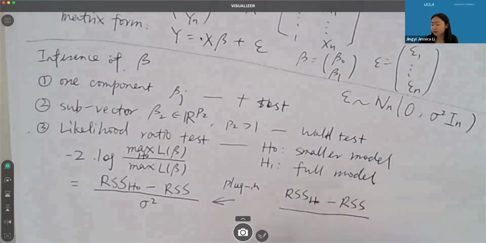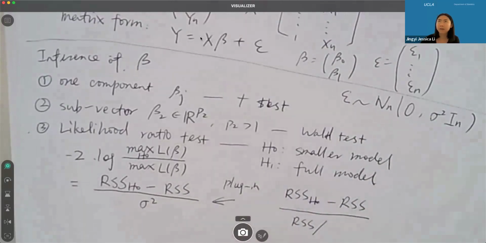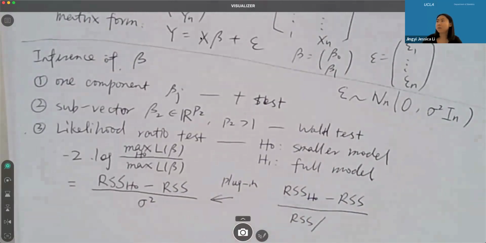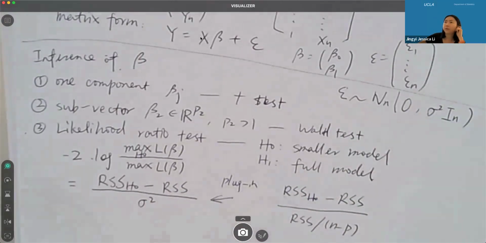And for the denominator, we just use RSS from the full model, assuming that the model has P parameters. By P parameters, we mean beta is P dimensional: one intercept, P minus 1 slopes. So then the degrees of freedom is n minus P. That's how we estimate the sigma squared. That's where we ended last time.